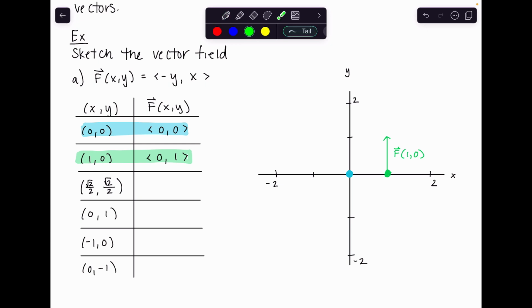Next up, we've got root 2 over 2, root 2 over 2. Really what this does is it switches the points and negates the first component. So negative y is negative root 2 over 2, and then x is root 2 over 2.